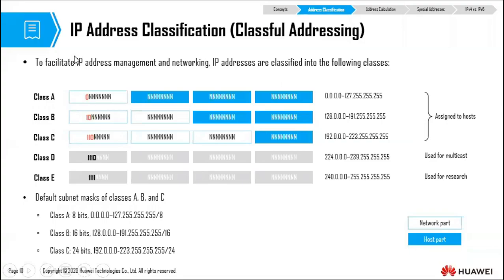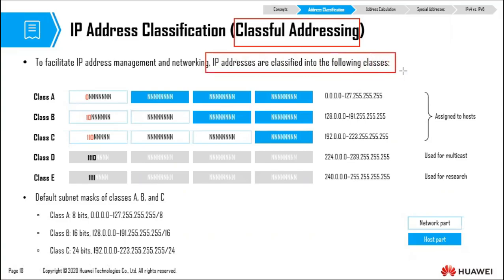Okay, I think I'm moving slowly, so I'll try and move a little bit faster. We have what we call classful addressing, and we have what we call classless addressing. Classful means that the IP addresses are classified into classes.